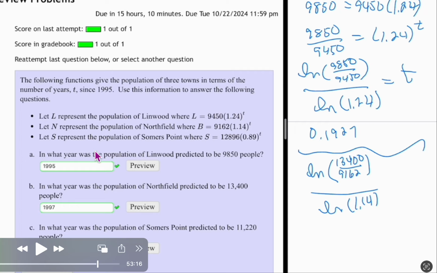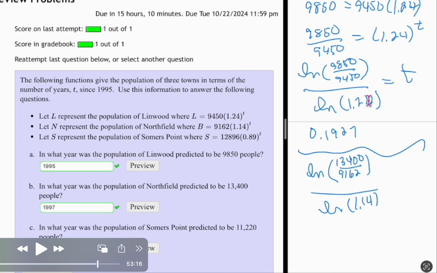So look at this first one here. I want to know when is it predicted, when, time, that we will be at 9,850 people. So it's the ending, 9,850, divided by the starting, 9,450, all divided by the natural log of the growth factor, 1.24.